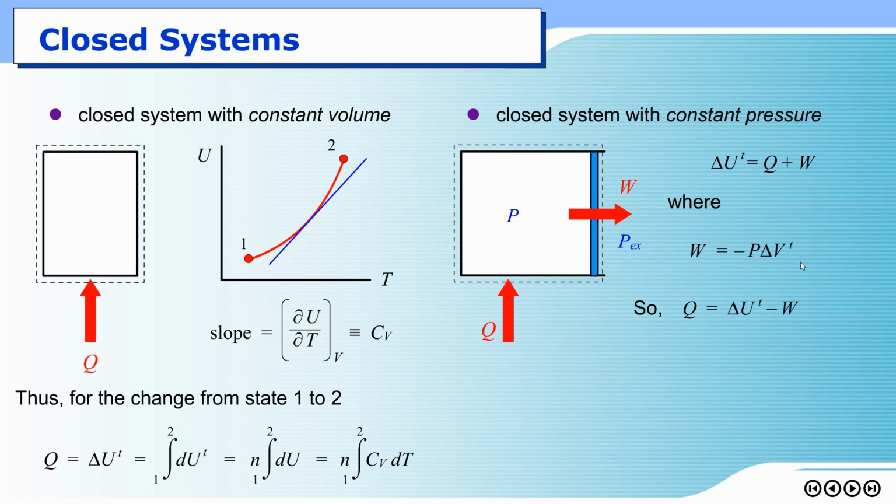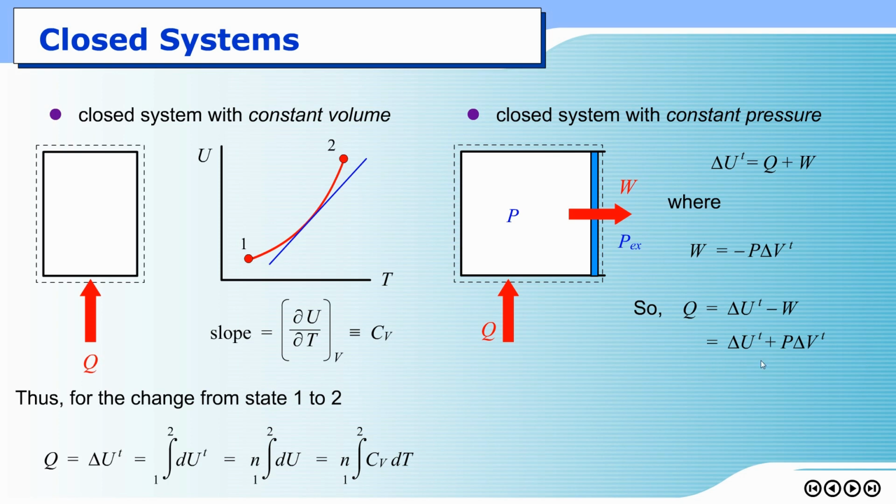So if we take this W and replace it into the first law, we can obtain this equation for the amount of heat required. W here, if I take it from here, you get P delta V. Note that this is the total internal energy and this is the total volume.